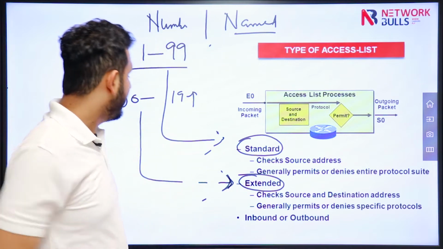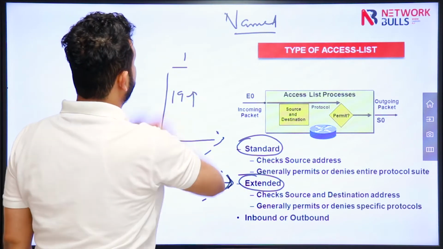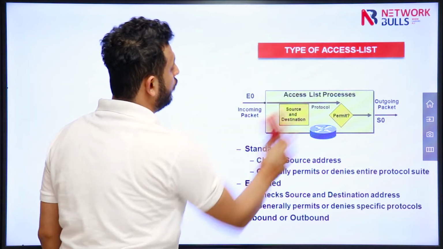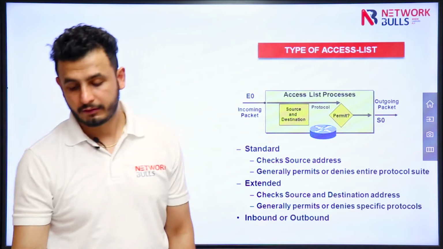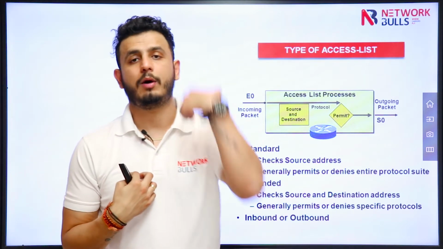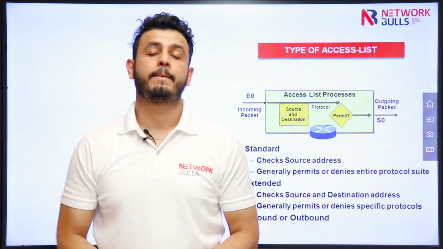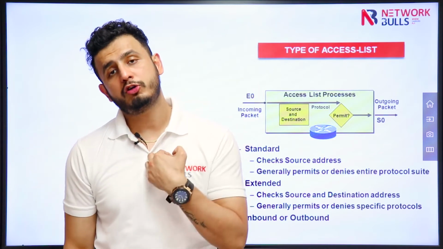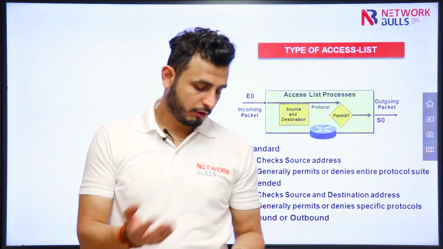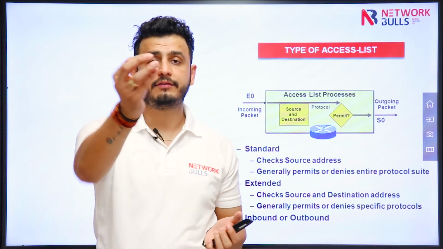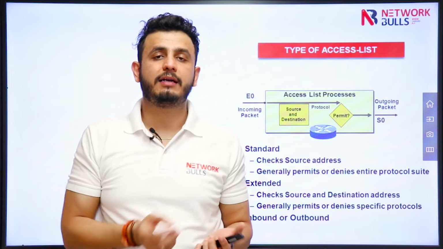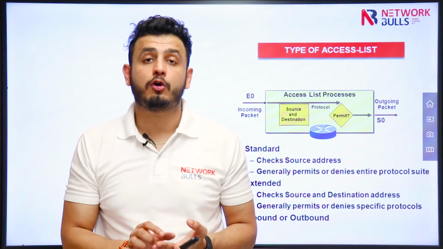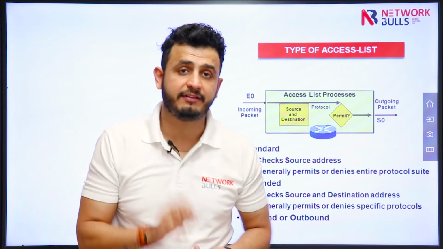Second type of ACLs are extended. In extended ACLs, we can match source address, destination address, protocol, and also service. For example, I am Piyush, you are X, there is another person Y. X is a Telnet server, Y is an HTTP server. So when Piyush is communicating with X, source IP is Piyush, destination is X, source port will be random, destination will be, as we are using Telnet in this case, protocol will be TCP and port number will be 23.